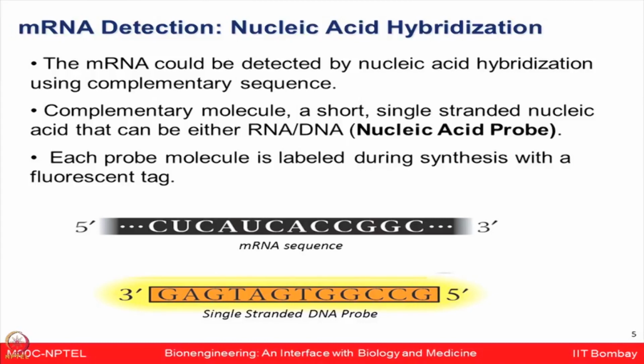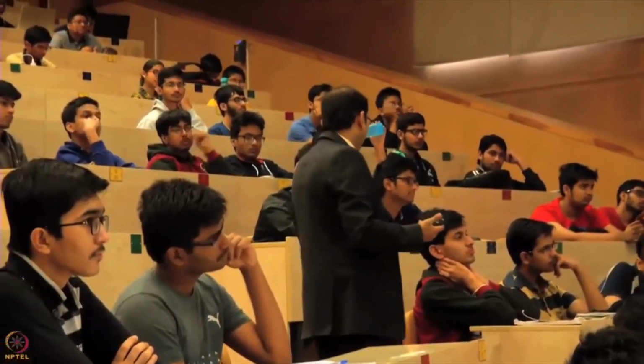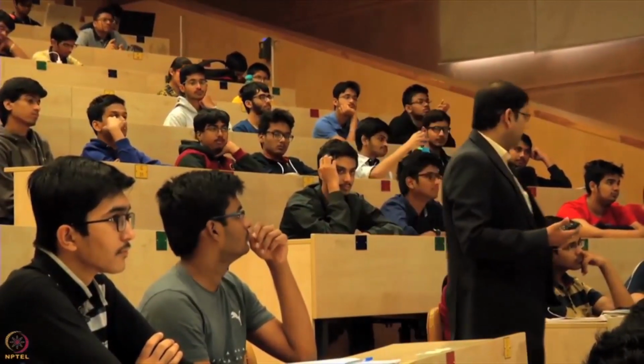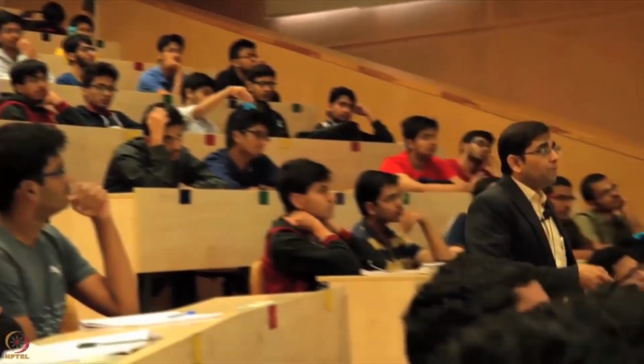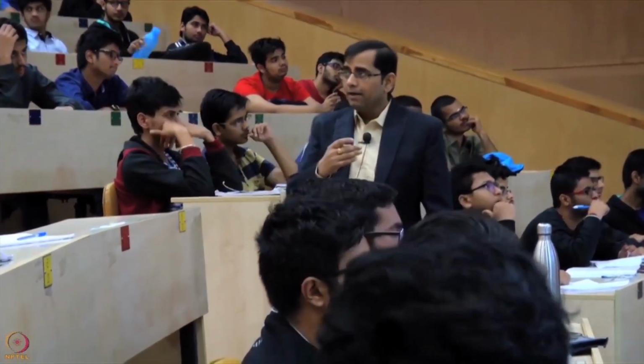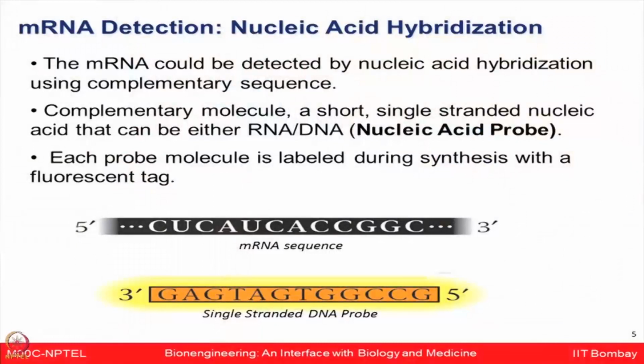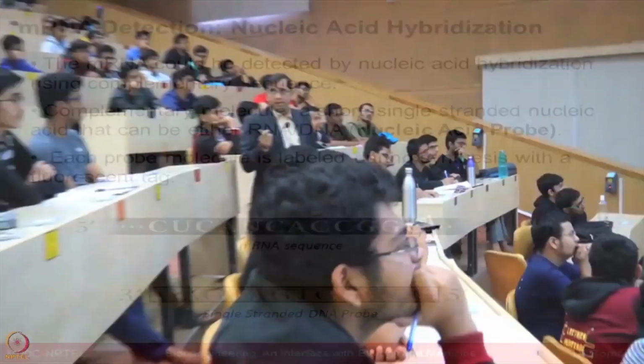You are just making everything complementary. Just keep one thing in mind, that rather than having T, you have the U here. You have uracil, right? So, if you had to make the complementary sequence of this DNA and convert it to mRNA, which I think you should try out, this is a very simple exercise for you to do. You are just making the complementary sequence, but you are replacing the T's with U's, right?